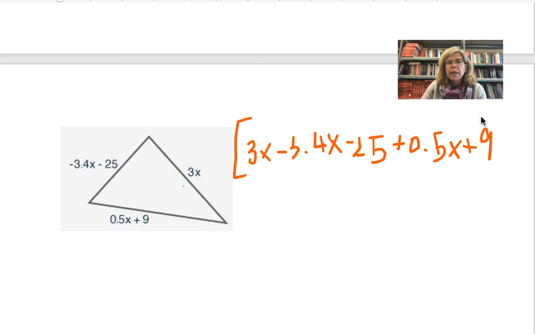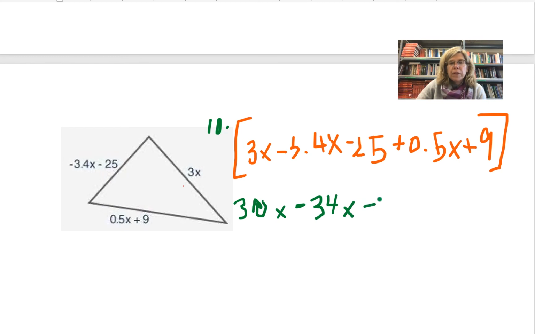So if we multiply it by 10, we would have 30x minus 34x minus 250 plus 10 times 0.5, which is 5x, plus 90. There we go.